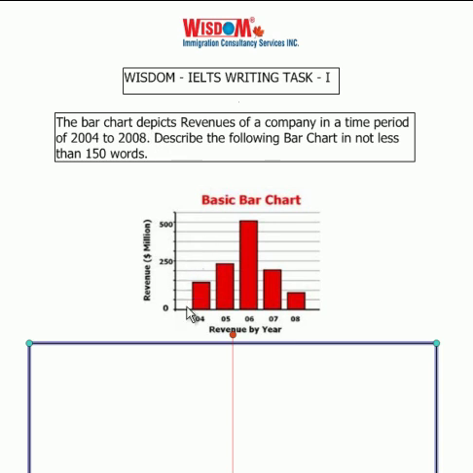Now, this is a bar chart as mentioned in the question itself. However, we can see in the chart itself that this is a bar chart. It has red colored bars. On the x-axis, we have revenue by year. For 2004, 2005, 2006, 2007 and 2008. This is the basic bar chart.